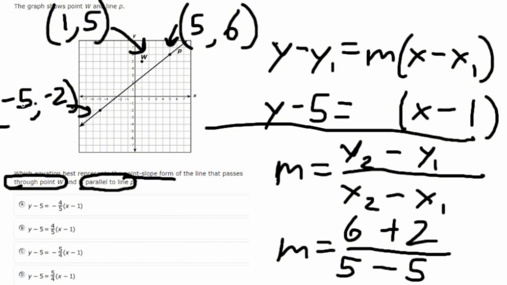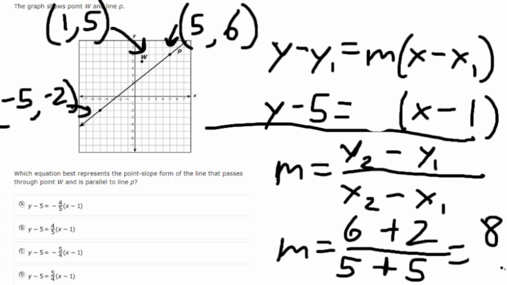Because it is a -5, this also is going to turn into a positive. So these two are going to be added. The top ones are going to be added as well. The last thing I'm going to do is 6 plus 2, which is equal to 8. And we're going to have 5 plus 5, which is equal to 10. You're going to end up having 8 over 10, which can be simplified, of course, to 4 over 5.